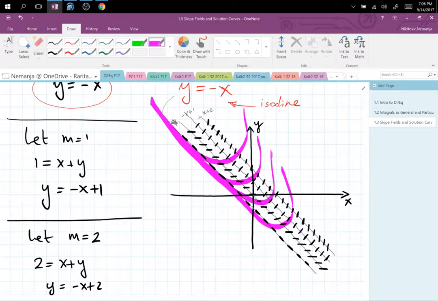So to find the particular solution on this one, you will have to have an initial condition, and that initial condition is as simple as a point somewhere, and one of the graphs will actually end up going through it. That one is particular, everything else is general.